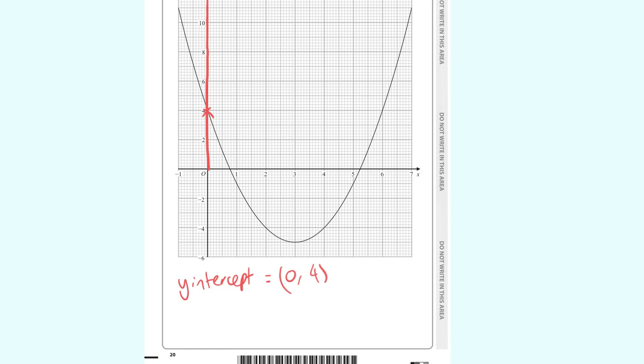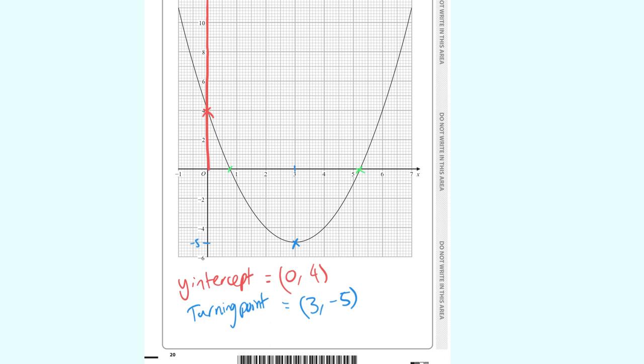Then we've got the turning point. In fact, let's do turning point in blue, spice things up. Turning point basically is at the bottom. Okay, and the coordinates of that, wherever it turns around basically, is kind of what it says. 3, negative 5. So that's negative 5 there, 3 there. And the roots are just where it hits.